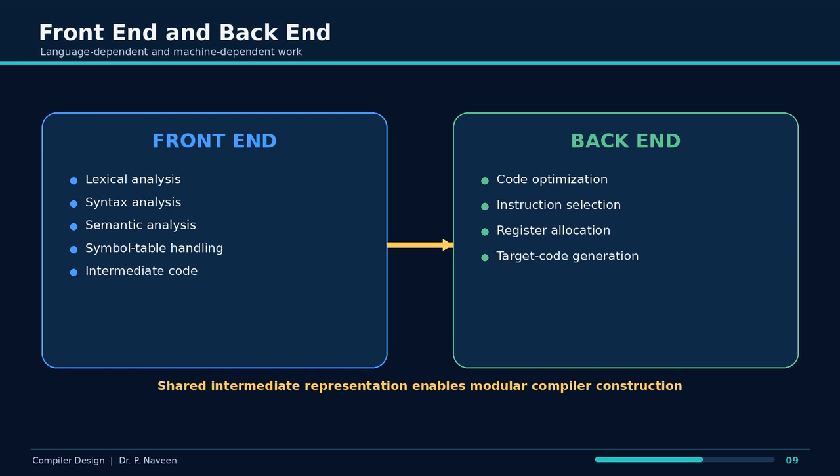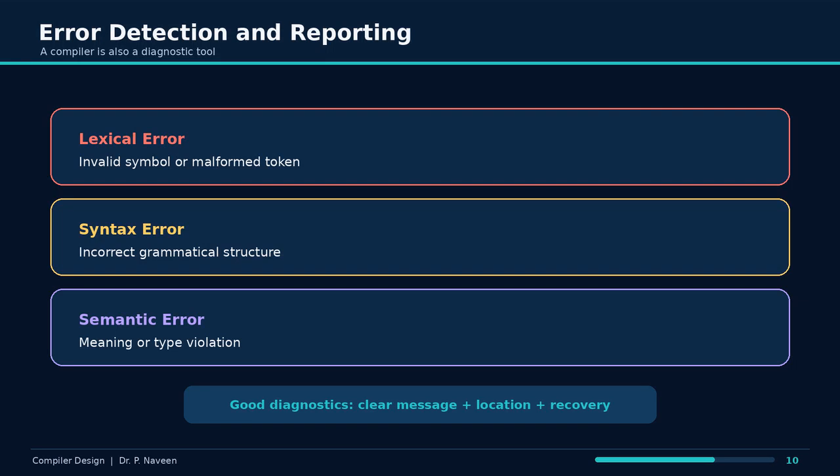Okay, let's move on to the next slide, slide number 9, front end and back end. A compiler can also be divided into two parts called front end and back end. The front end mainly works with the source language.